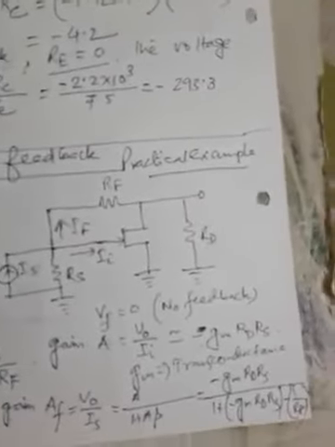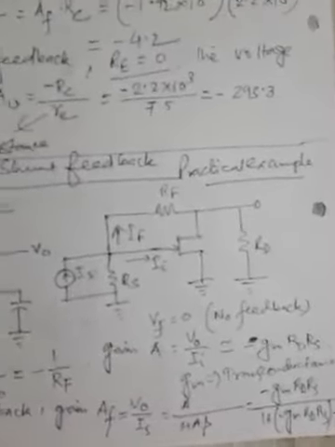Okay, so now let us simplify further so that we can get the overall gain, and this can be written as AF equal to minus gm RD RS divided by 1 plus gm RD RS divided by RF.